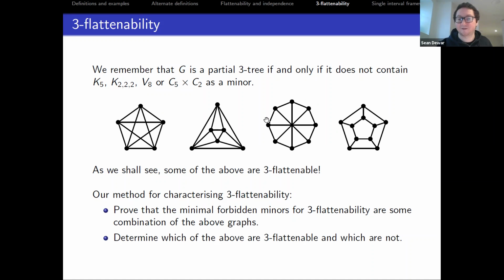But we're going to prove that some subset of these 4 are the forbidden minors. Because it could be these 2, and then there's some third forbidden minor which is somehow bigger than these 2, something a bit funny like this. So we're just going to prove that's not the case. And then we're going to determine which ones are 3-flattenable and which ones aren't. And that will give us the result. So that's the method.